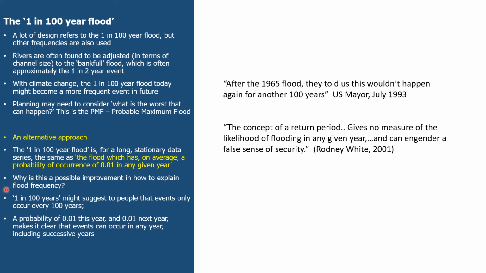So this might be a way to improve how we explain flood frequency. 1 in 100 years might suggest to people like this mayor that events only occur every 100 years. Whereas a probability-based definition makes it clear that events can occur in any year, including in successive years.